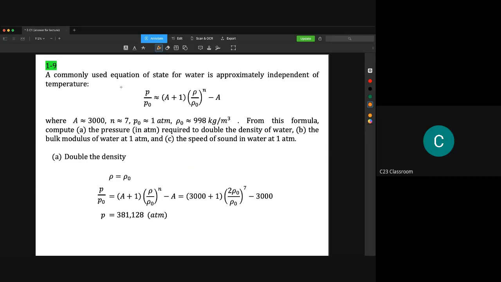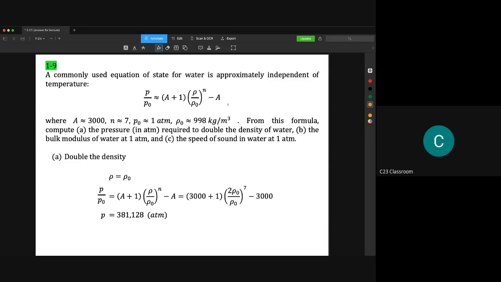For example, a commonly used equation of state for water is approximately independent of temperature, because water is a common fluid, so it is not easily affected by temperature. You need to boil water until 100 degrees Celsius to change its phase to gas.